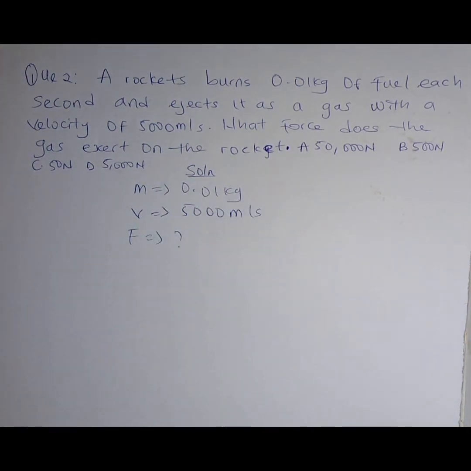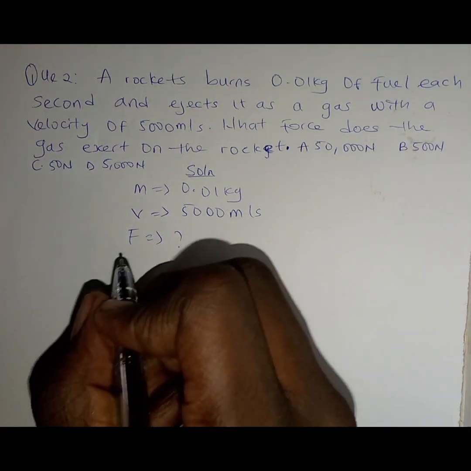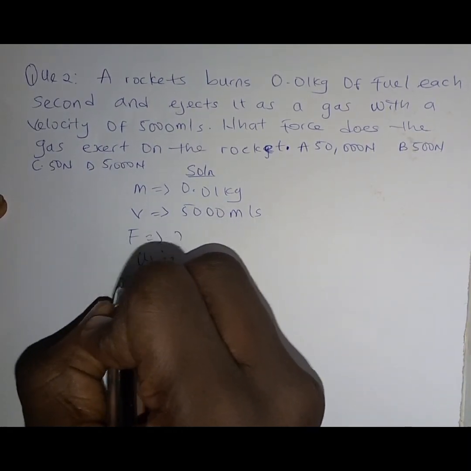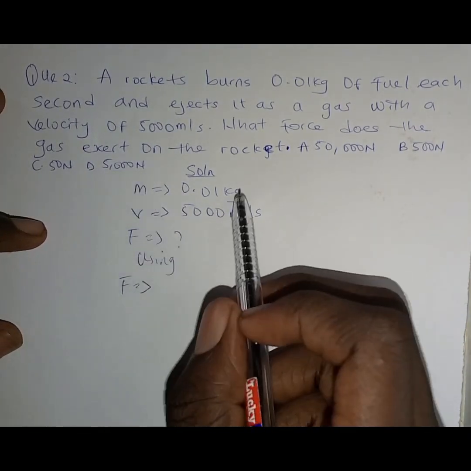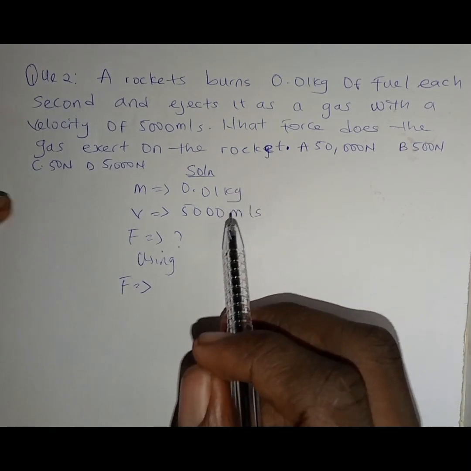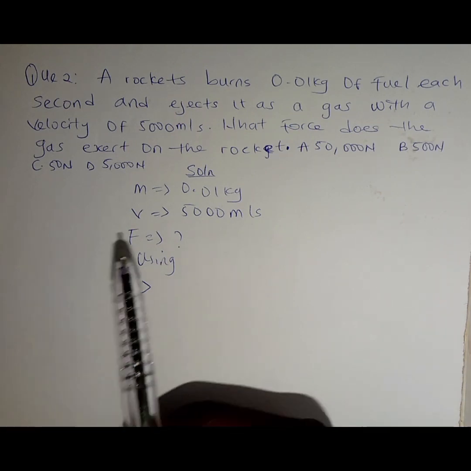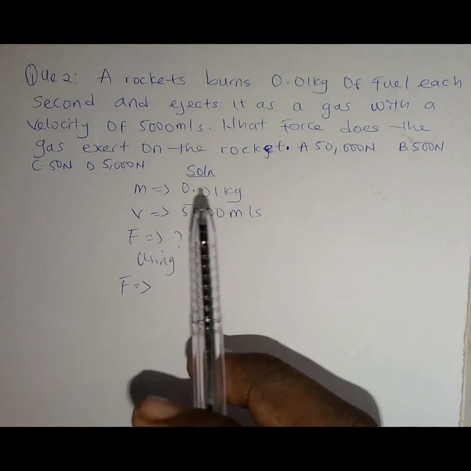So therefore you are simply asked what force does the gas exert on the rocket, and therefore the formula is that the force exerted is caused by the product of the mass and the velocity of the rocket.